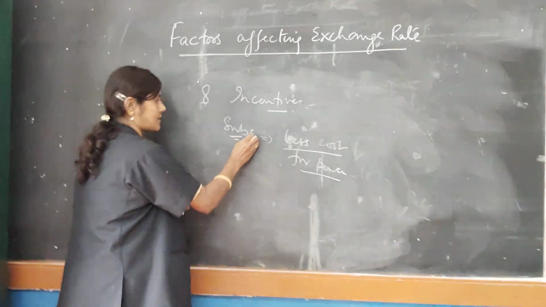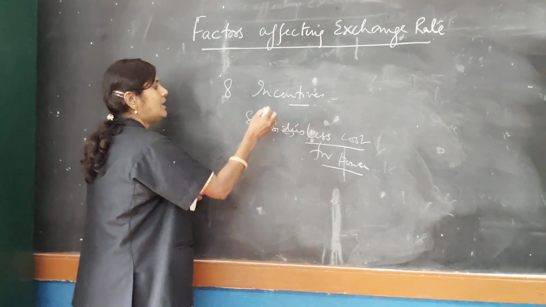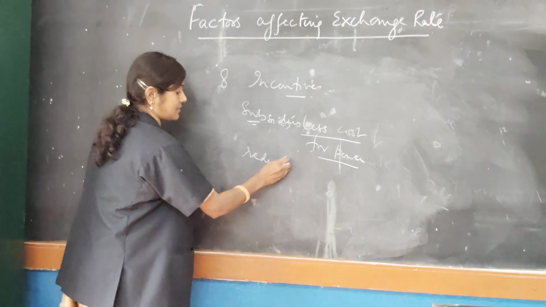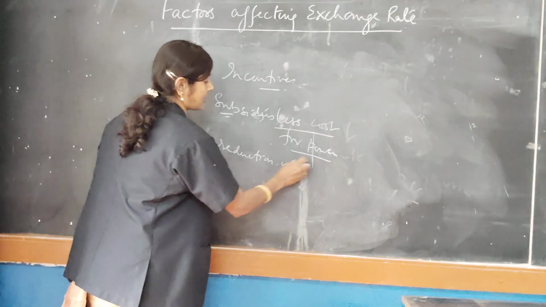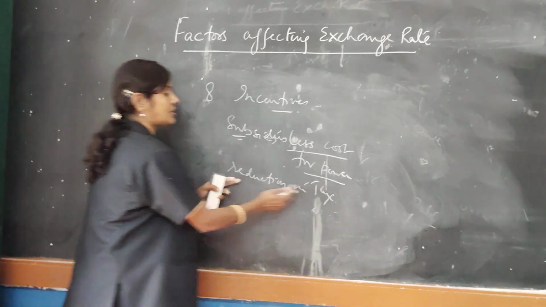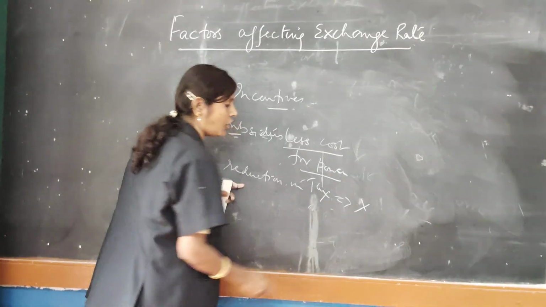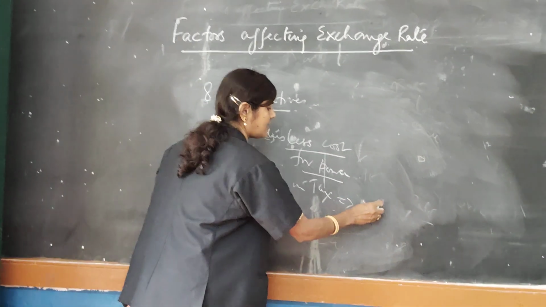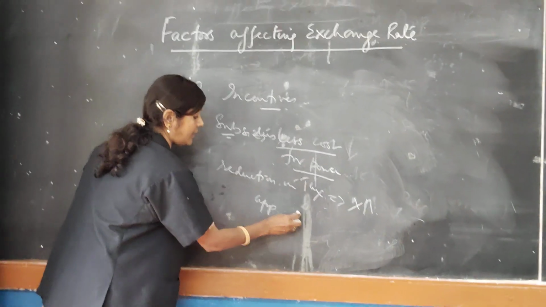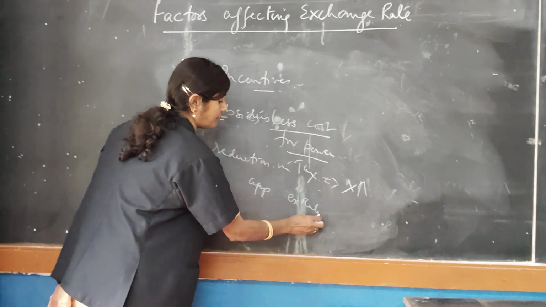So that is called a subsidy. But incentives might be a reduction in taxes. That is called an incentive. So when there is a reduction in taxes, definitely we will improve exports, and when exports increase, it will appreciate the exchange rate of the Indian rupee, right?